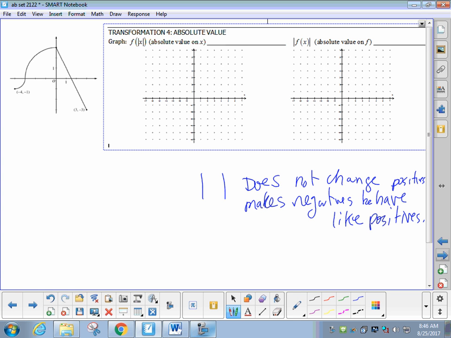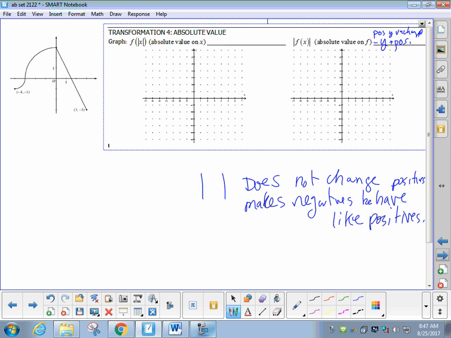So, with that said, this guy, is it going to take the absolute value of the x or the y? Of the y. Okay, it's on the function, so positive y's are going to be unchanged. Negative y's will be made positive.